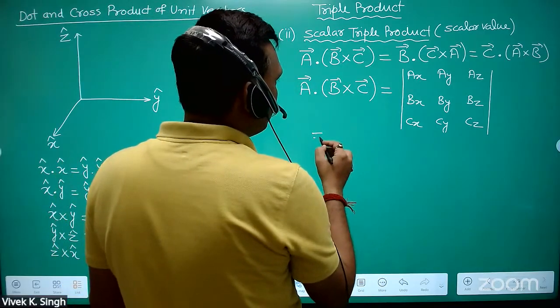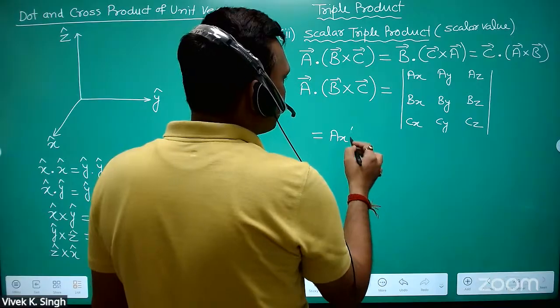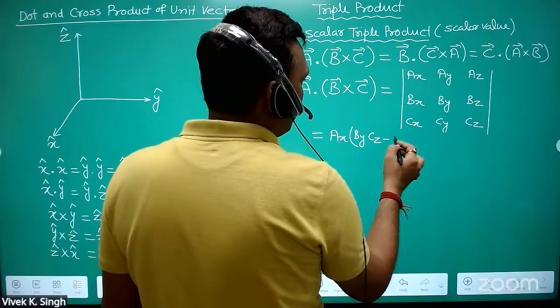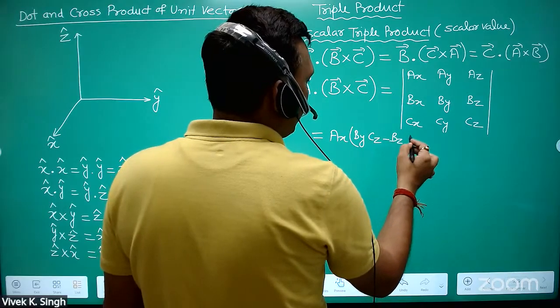Yes, sir. So how to expand it? AX times BYCZ minus BZCY.